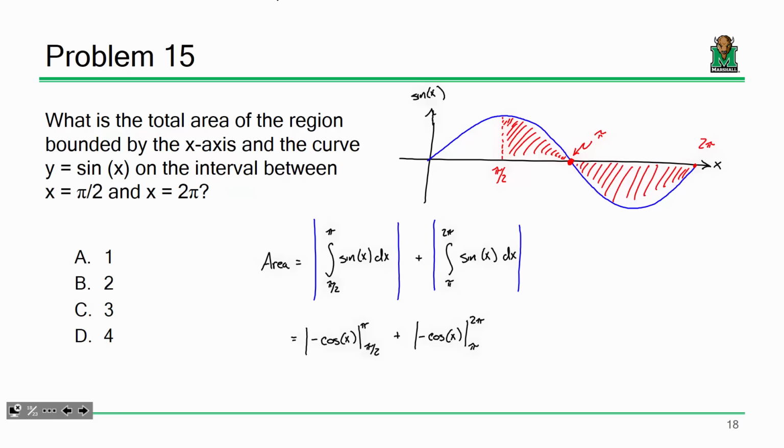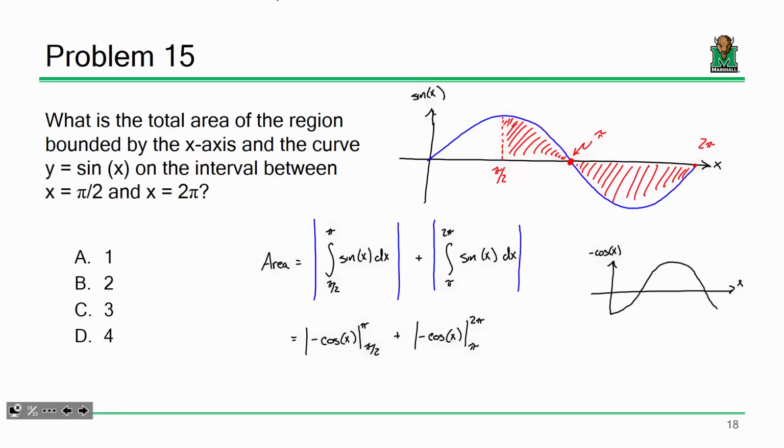Now, if it'll make your life a little easier, you could say, all right, maybe if you said x and then negative cosine, what does it look like?